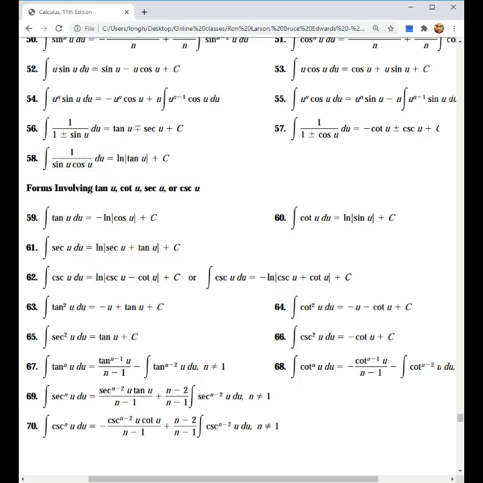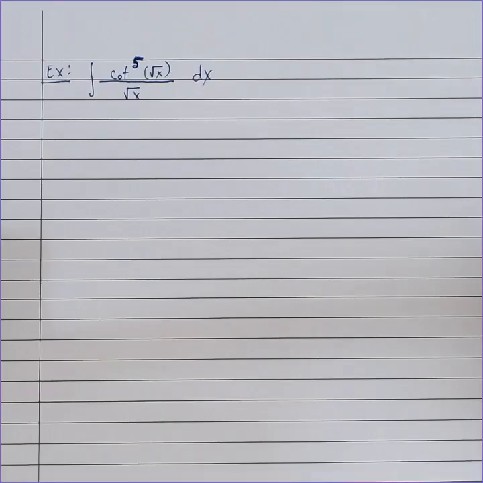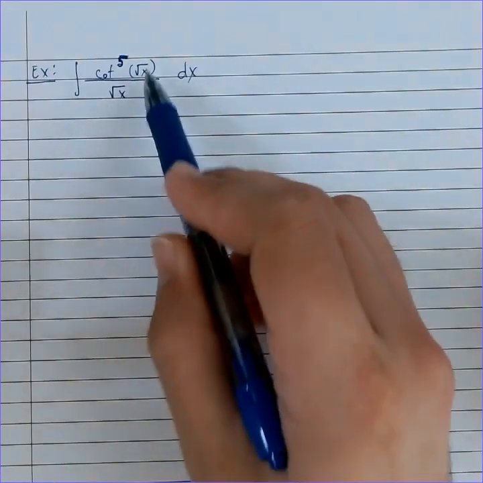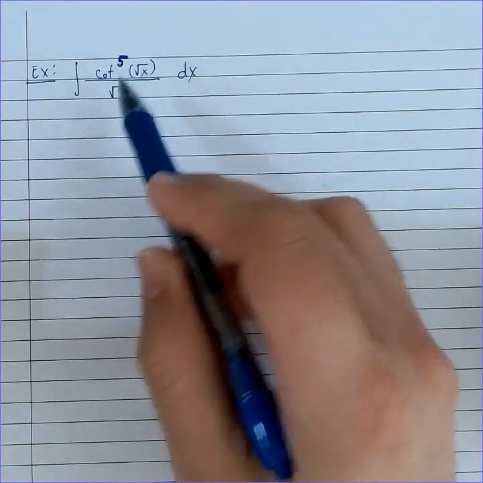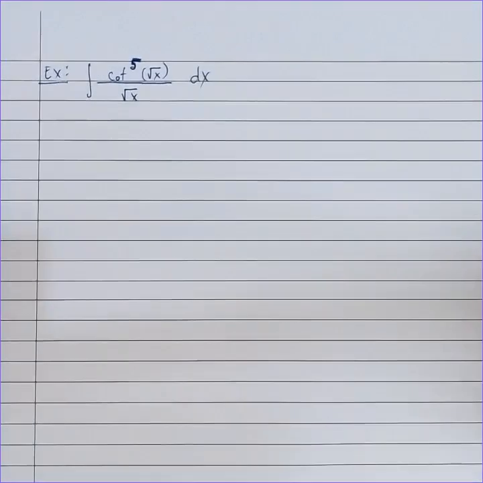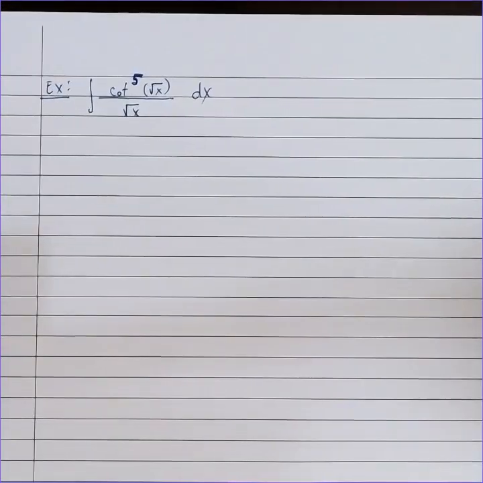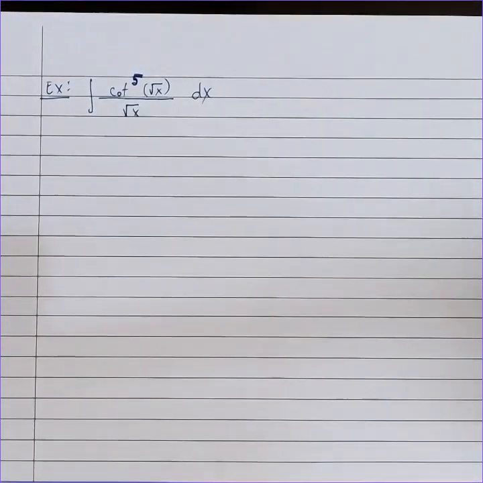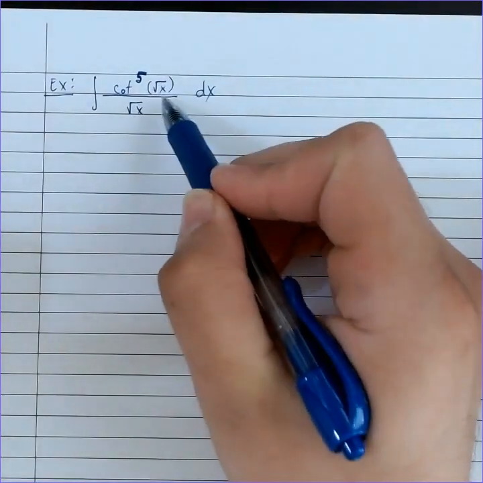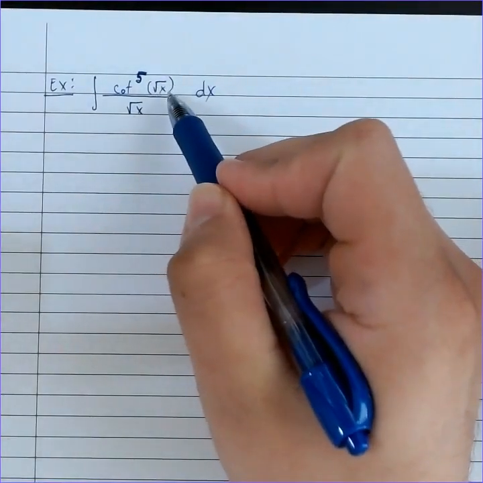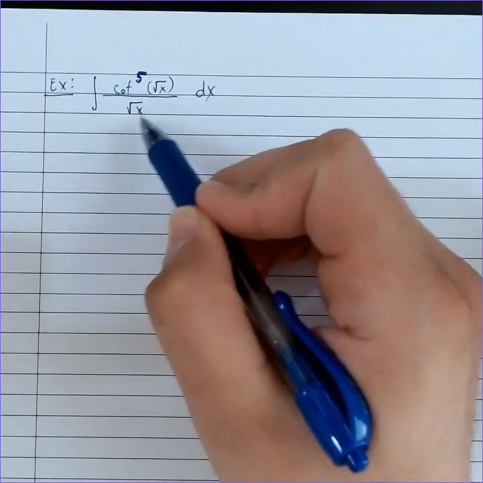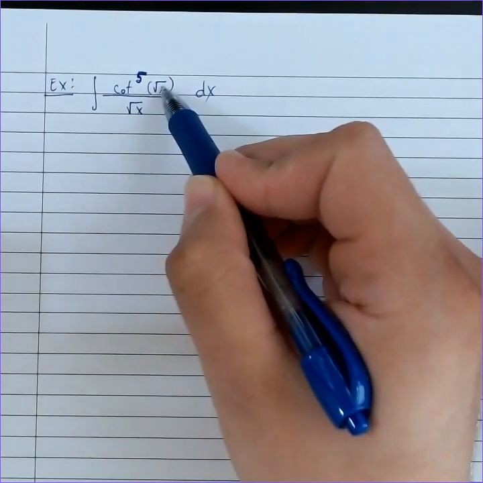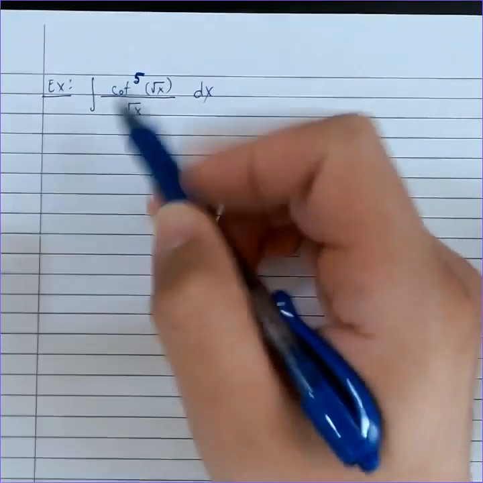All right, so let's go through the problem here. Again, it's unlikely we'll find something that looks exactly like this, but with a substitution we'll find something that looks similar enough. Right off the bat, I recognize the square root of x has a derivative that's 1 over 2 root x. So right there, that's probably going to yield a substitution that works nicely.